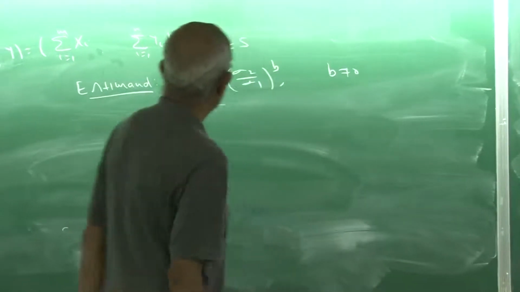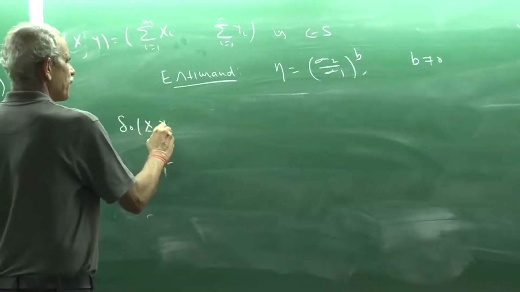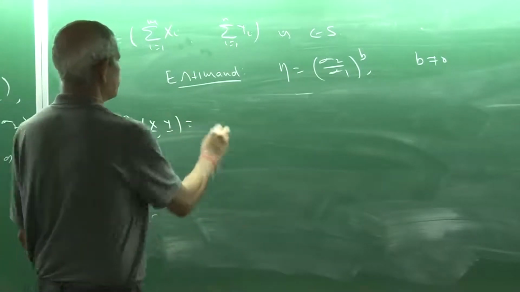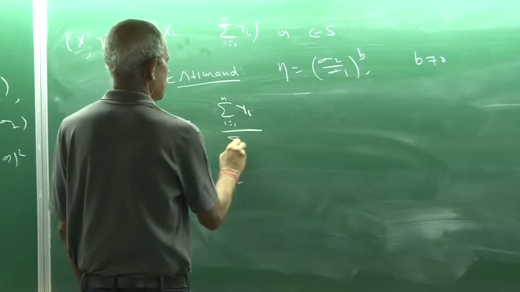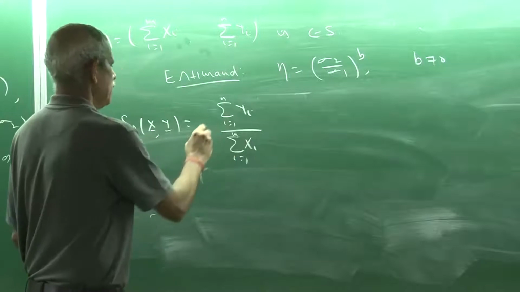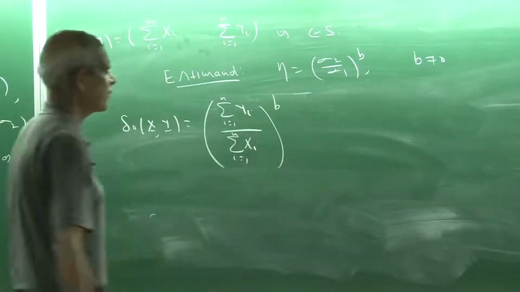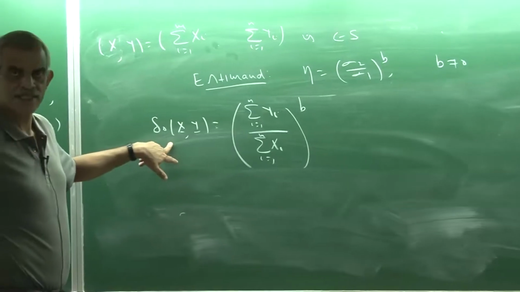So one estimator which you can choose is nothing but summation yi by summation i equal to 1 to m xi. So this is n sigma 2 over m sigma 1, to the power b. This you can see clearly is scale invariant.